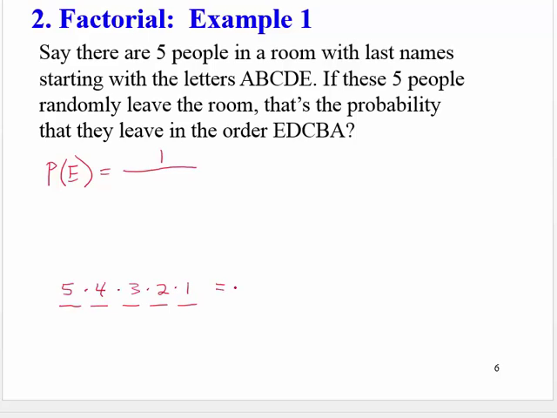So that's equal to what's called 5 factorial, which is 5 with an exclamation point. If we multiply that out, that's equal to 120. So it's 1 over 120, and that's equal to 0.00833.